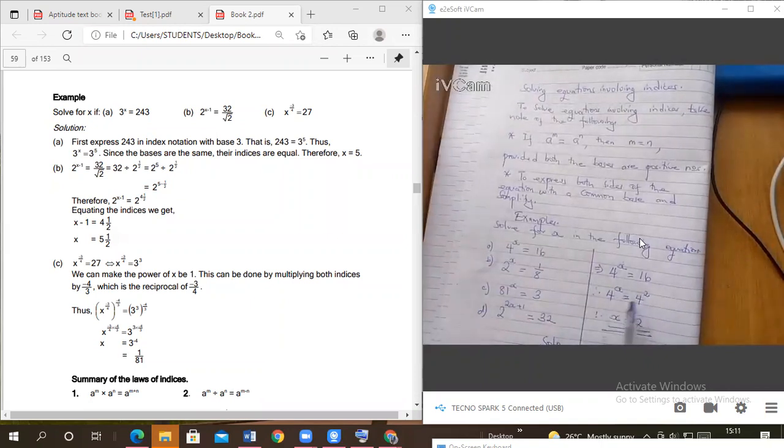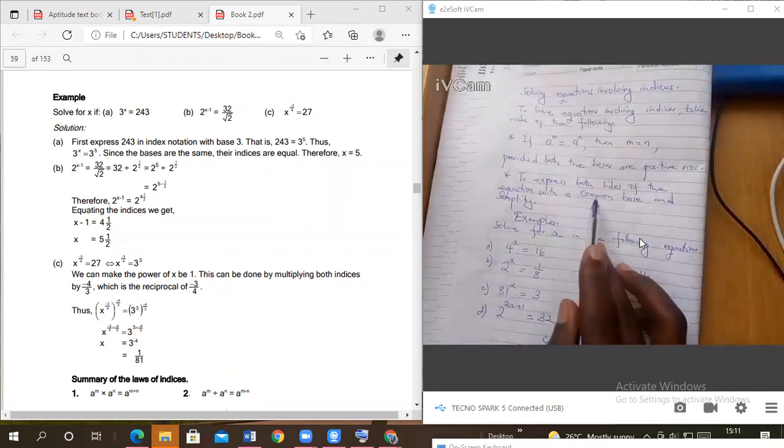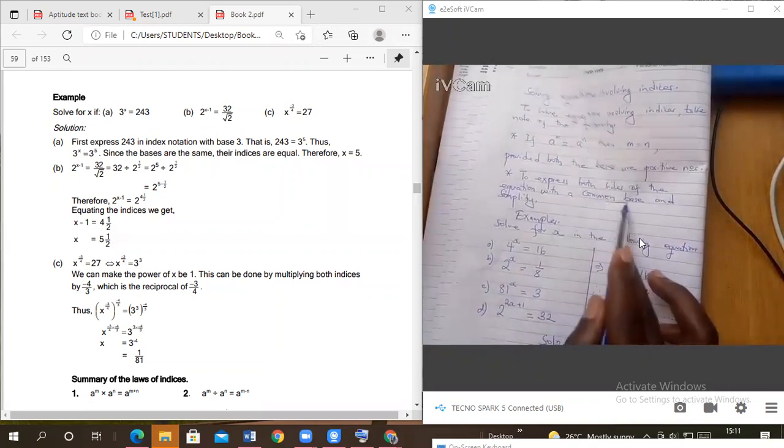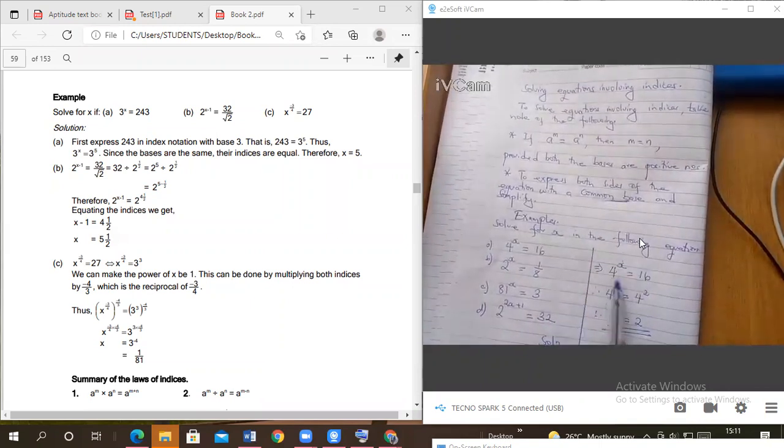Therefore, x equals 2. Our purpose is to make them have a common base. Once they have the common base, we equate their powers. Are you together, members? Yes.